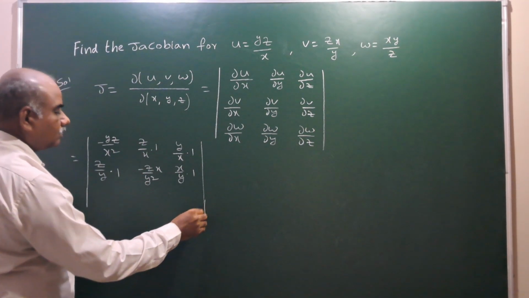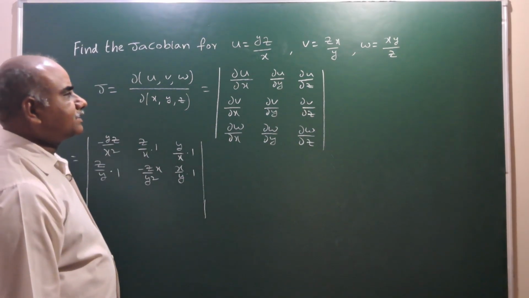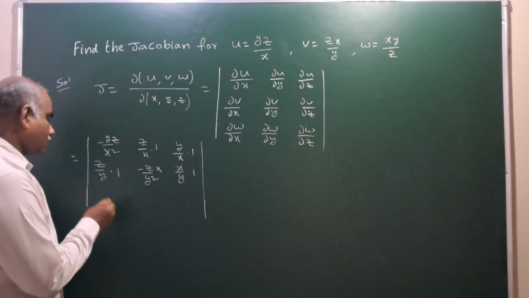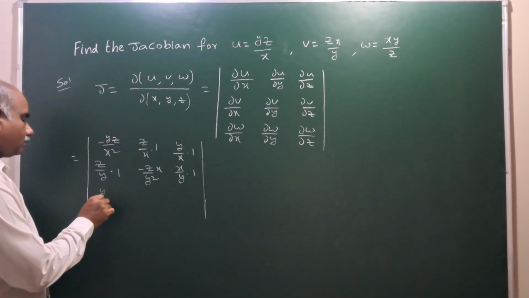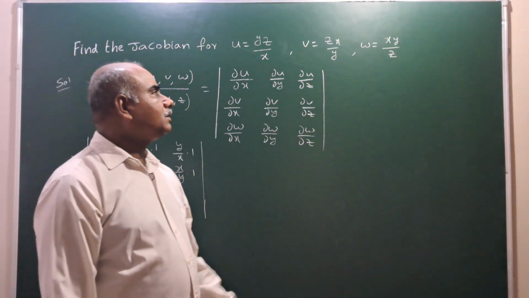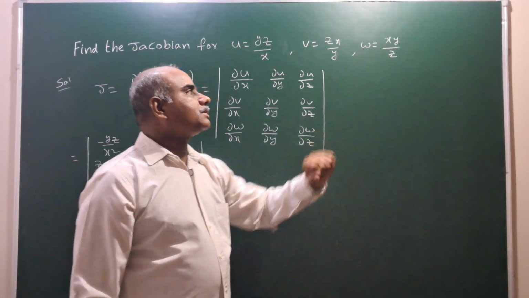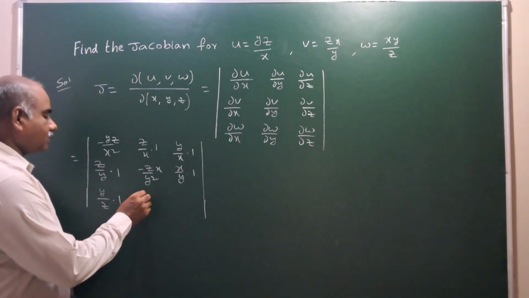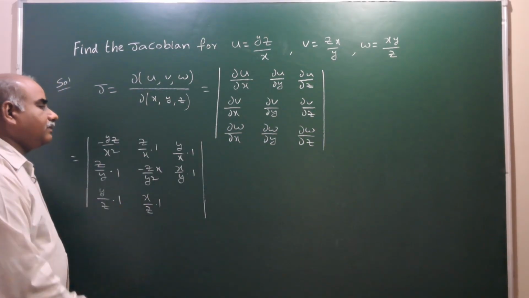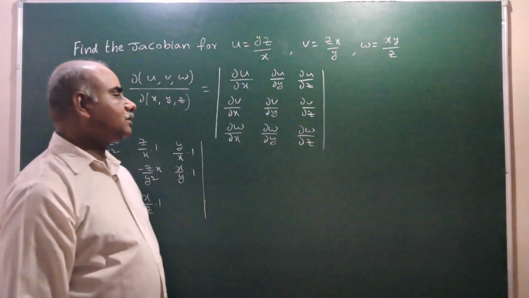Next, w. ∂w/∂x. Here x is a numerator, so treat y by z as constant. The derivative of x is 1. ∂w/∂y. y is also a numerator, so treat x by z as constant. The derivative of y with respect to y is 1. ∂w/∂z.